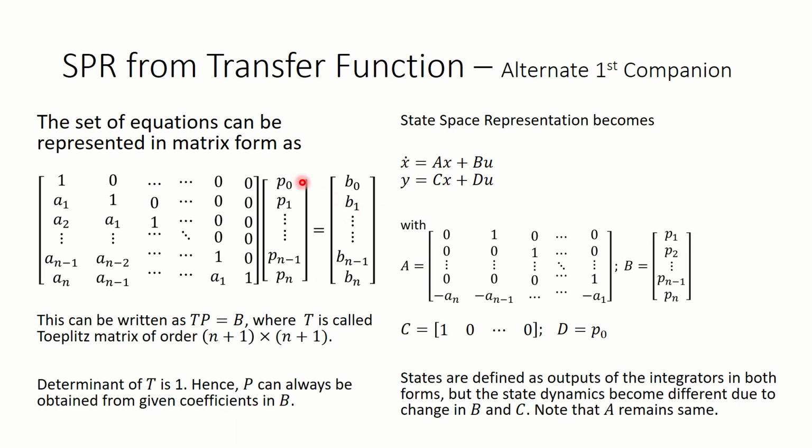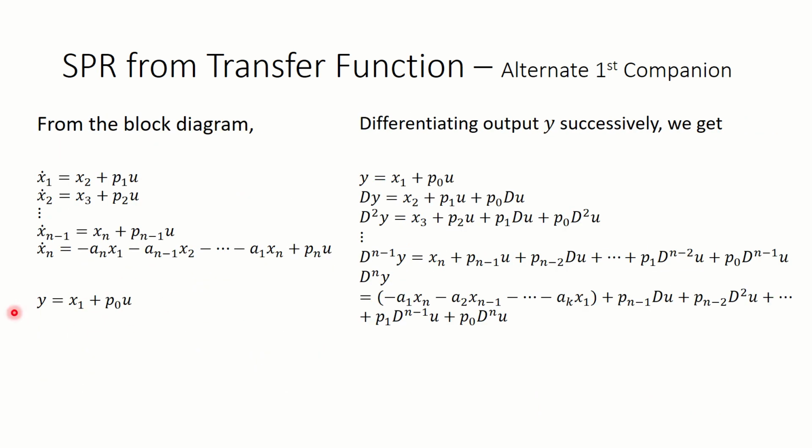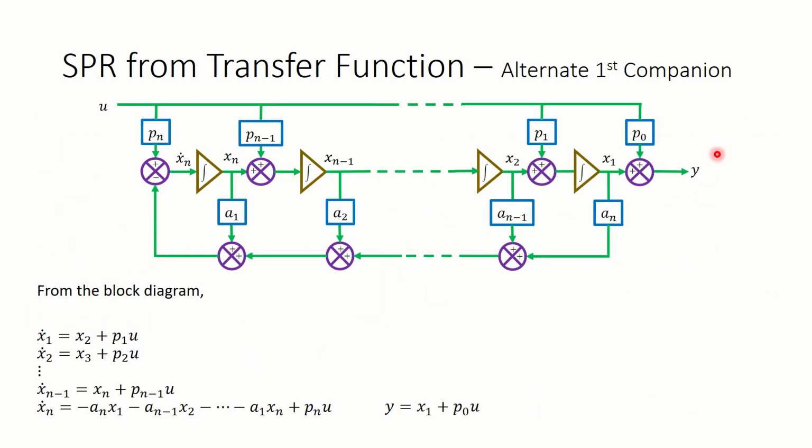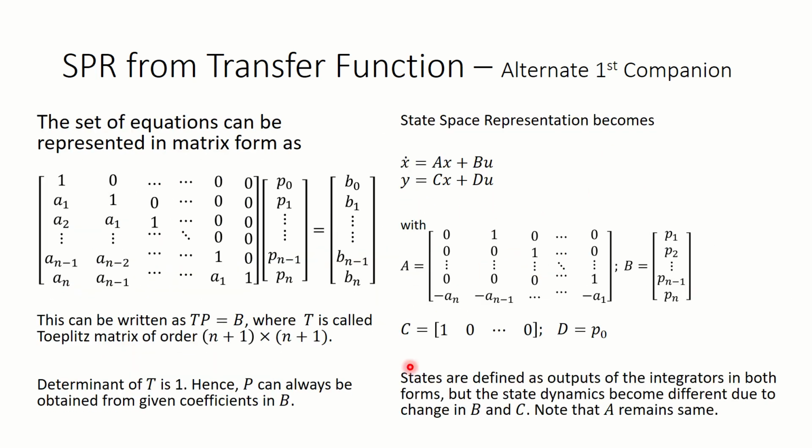However, we have written them in terms of these pi's only for the sake of convenience. And here C is simply x1 plus p0u. If you don't remember, y is simply, from the block diagram, x1 plus p0u. So all this exercise actually had been done in order to simplify the C.